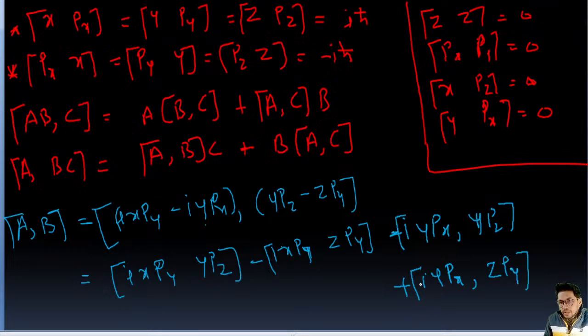So the next term is iota, common, xpy comma ypz, and these terms are going to be 0.